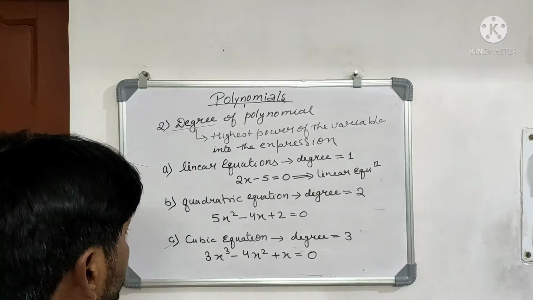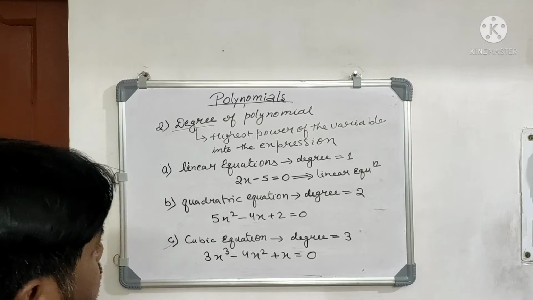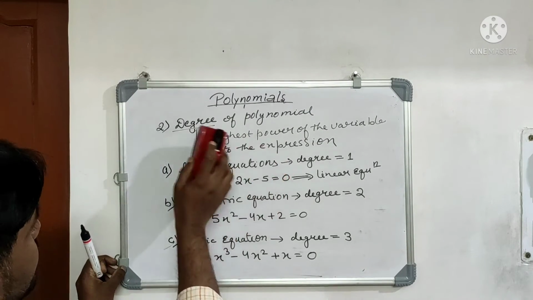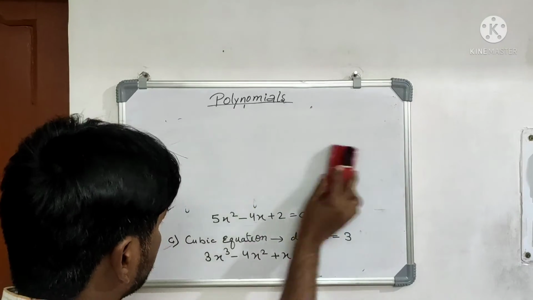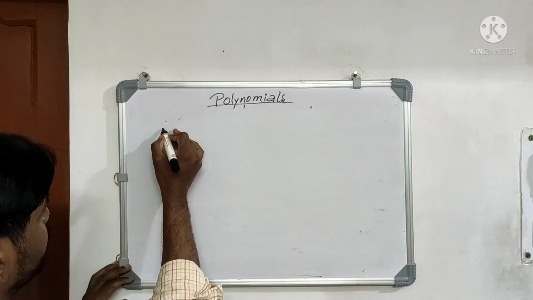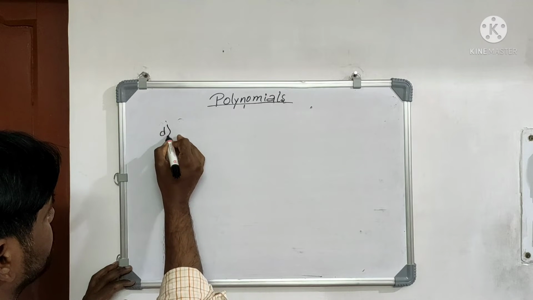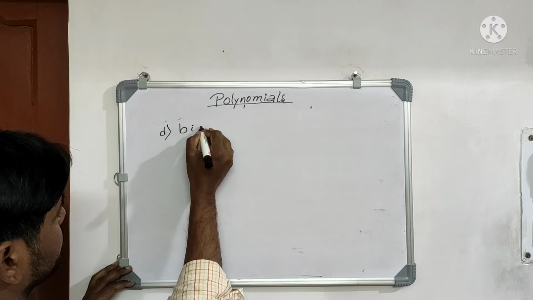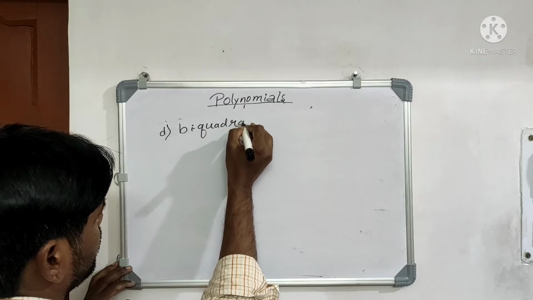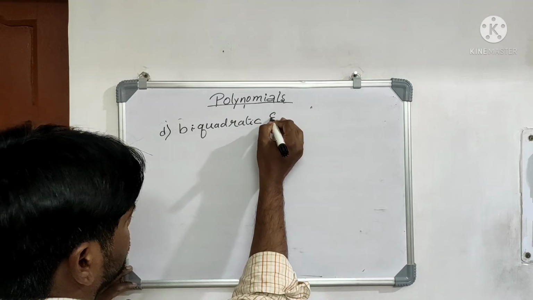Moving ahead, we have just one more type of equation under this head, and that is known as the biquadratic equation. The fourth one in this category is the biquadratic equation.